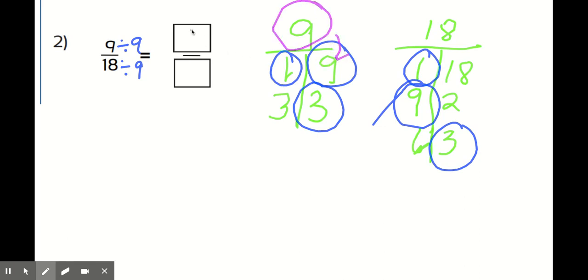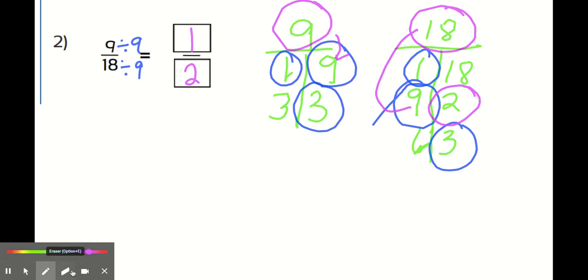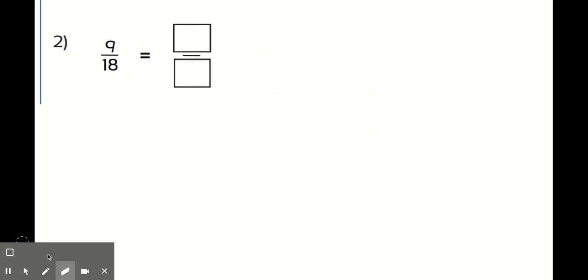And that should give you 1. And then 18 divided by 9 should give you 2. So 9/18 is equivalent to 1/2. Okay? You just got to remember the steps. And if you need to, you can rewatch this video.